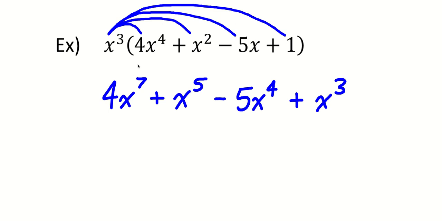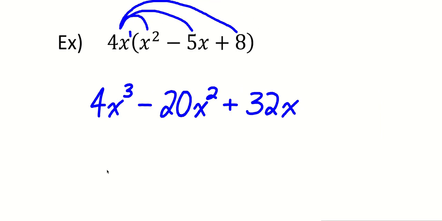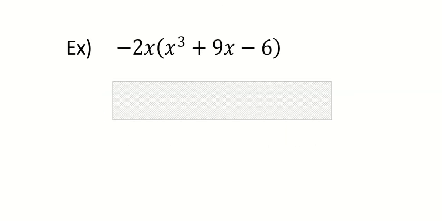Which there normally isn't going to be because there was no like terms in this bubble to begin with. So, if you think about it, what that means is after you distribute, there's still not going to be any like terms. So that answer's done. Just like here, we distributed and we were done because there was nothing else to do. There was no like terms to combine.